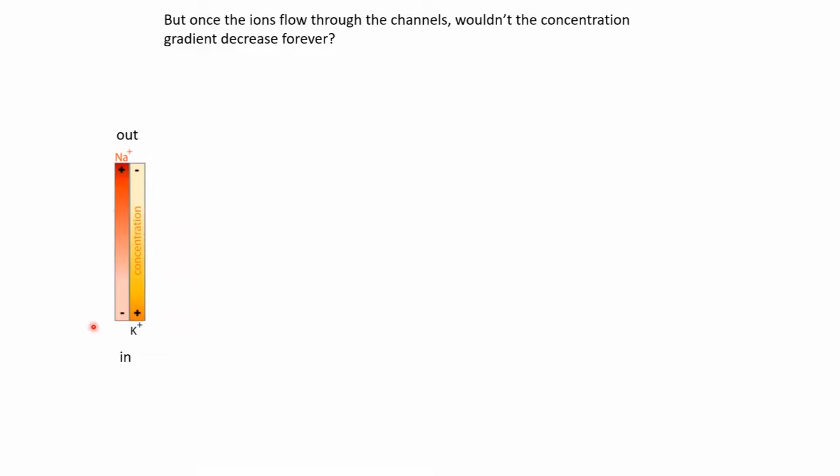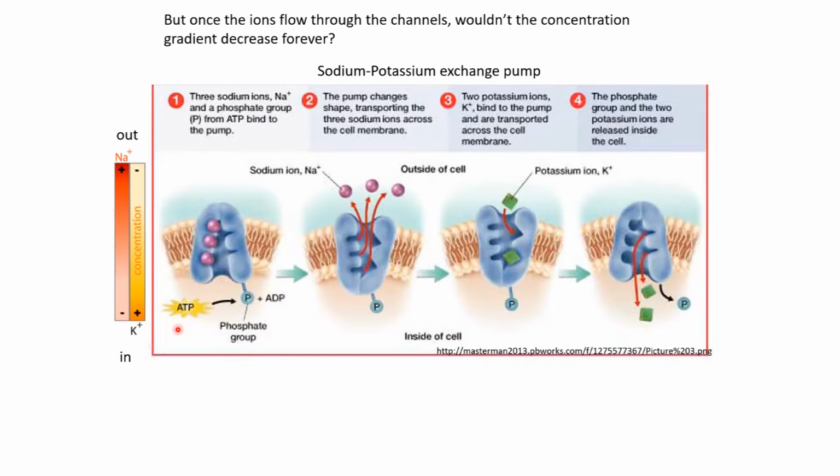For example, there would be a pump that would throw out the sodium ions outside and bring the potassium ions inside. And here is one of such pumps. It's known as the sodium potassium exchange pump, and what it does is basically an exchange of sodium and potassium, as you can expect from the name.